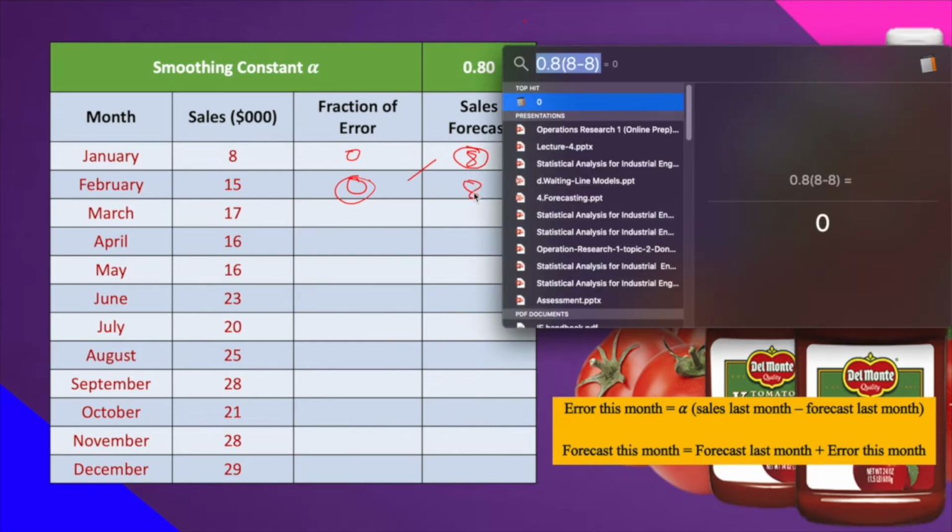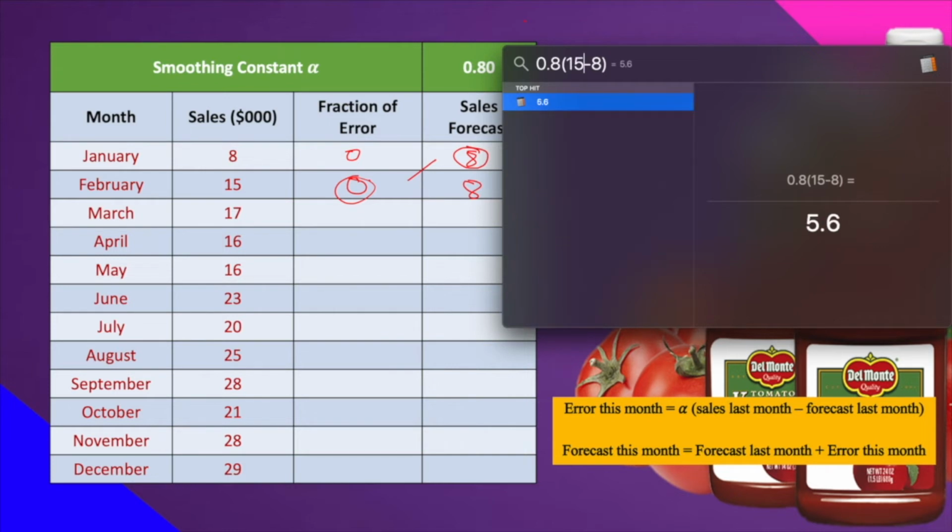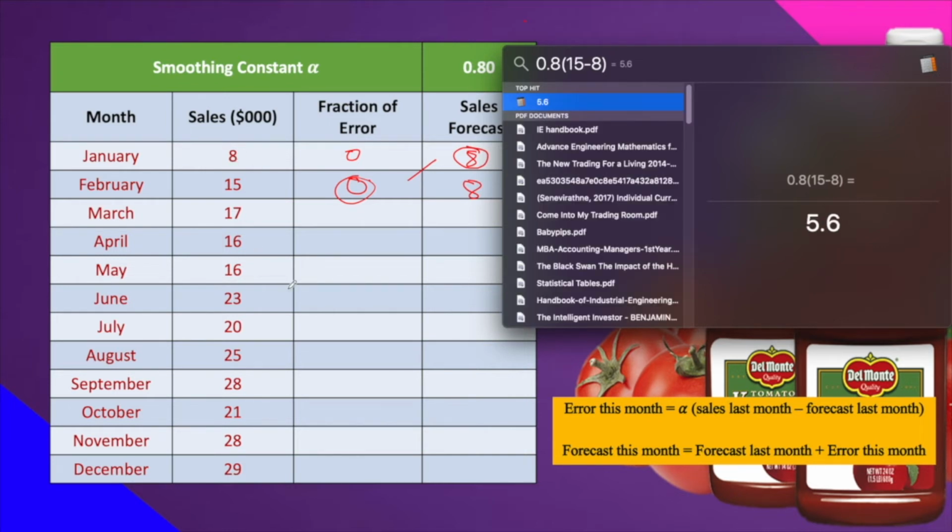Okay, now, next tayo for the March. 0.8 and sales last month is actually 15. Okay, so we have 15 sales last month minus forecast last month, which is 8, and this is equivalent to 5.6 for the error.